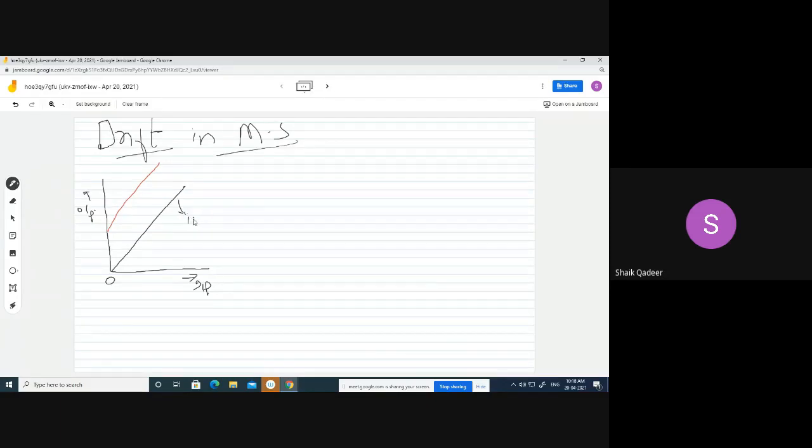Ideal or initial, I can say. Initial curve. And this is the curve now. Right? So, what is this you are observing in this curve?